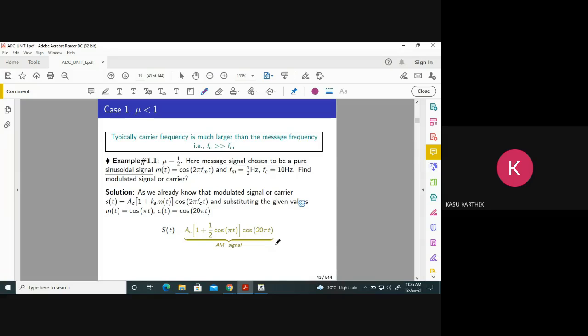So 10 Hz is the frequency of the carrier, 1 by 2 Hz is the frequency of the message signal, and mu equals 1 by 2. This is the AM signal equation.